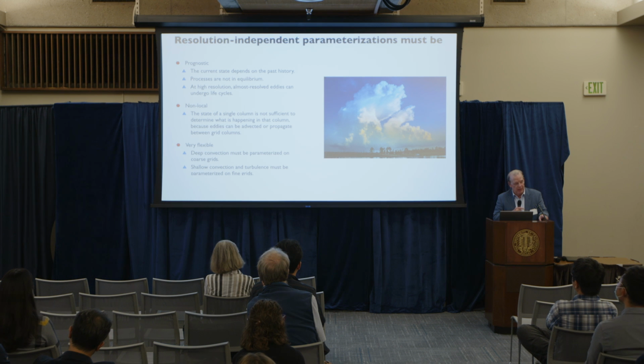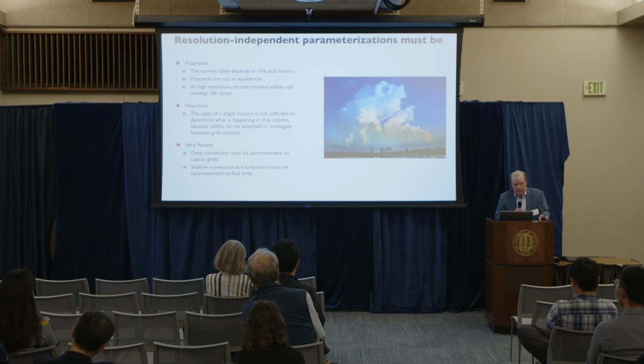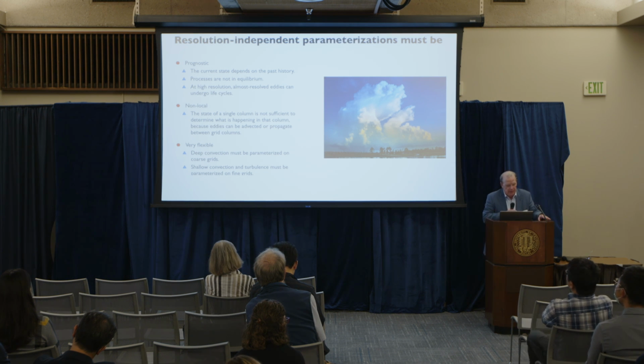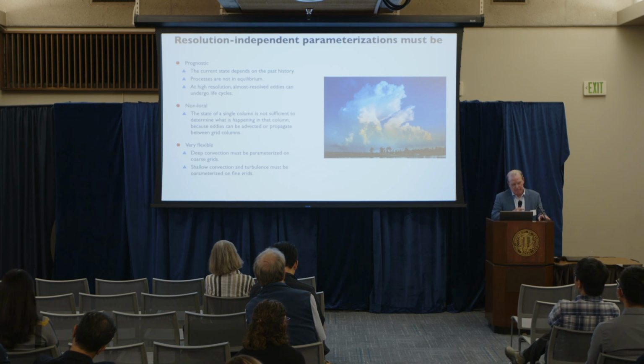Quasi-equilibrium certainly doesn't apply with a grid spacing of 10 kilometers. And at high resolution, the almost resolved eddies, so eddies that can be represented on the grid but not accurately simulated, can undergo life cycles. They can be individual cumulus clouds. So memory is obviously key there.